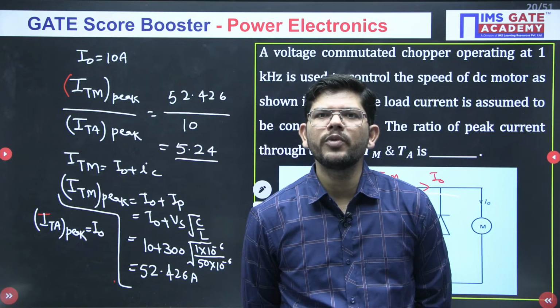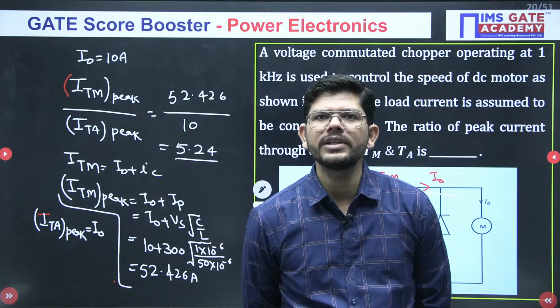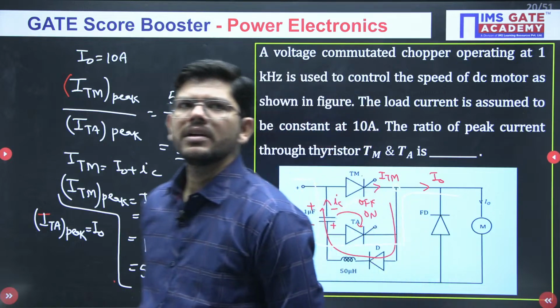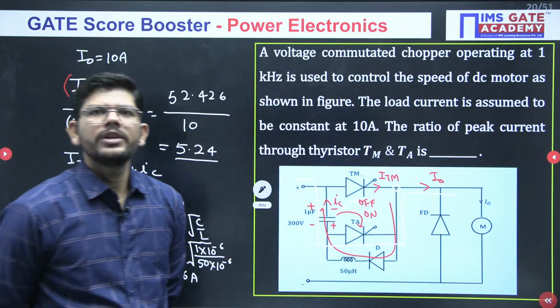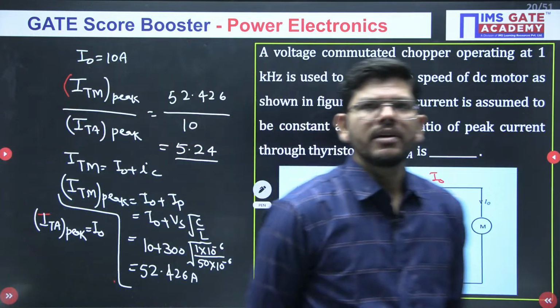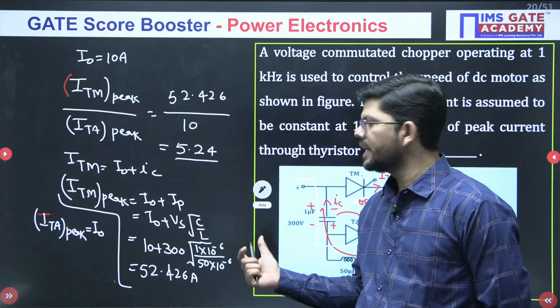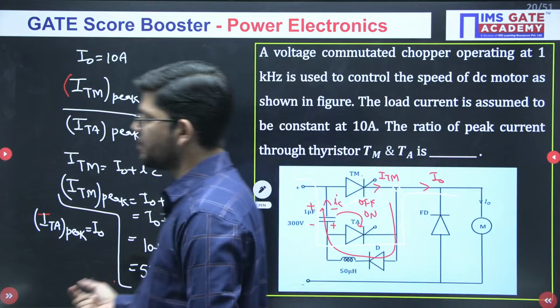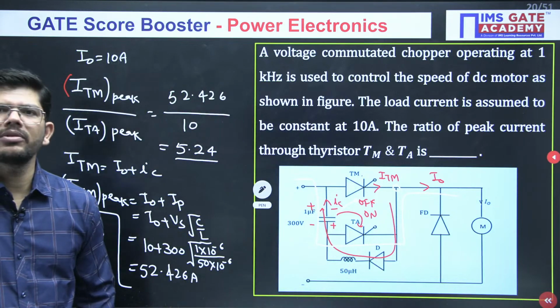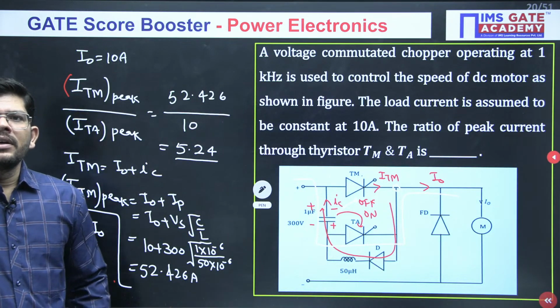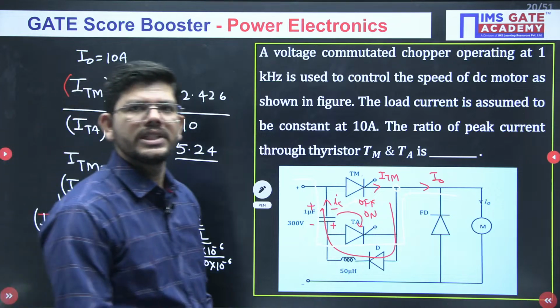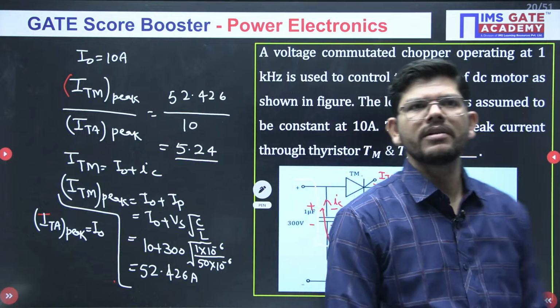Divya gave 2.41 initially, then she changed her answer to 5.24, which is correct. Nilmesh, have you spotted where you are making a mistake in this question? The answer will be 5.24. Is that clear?